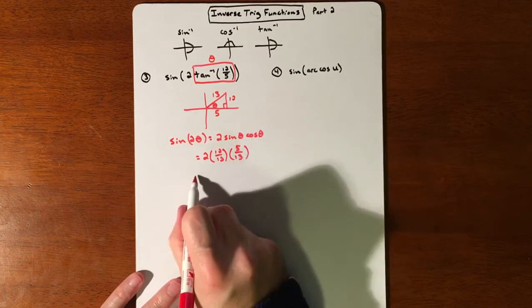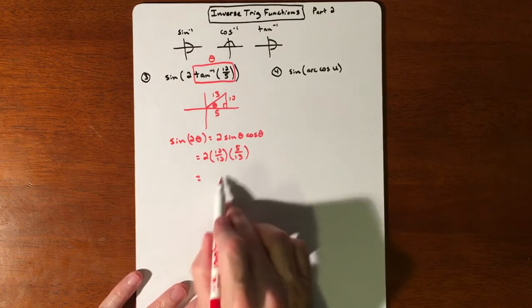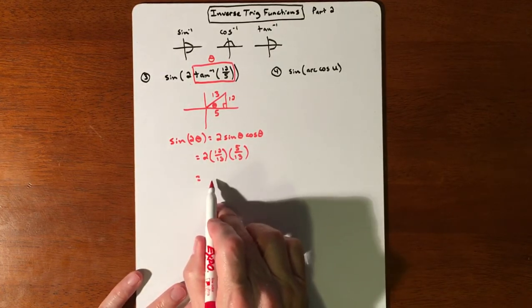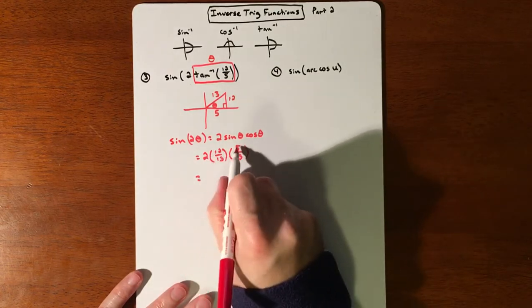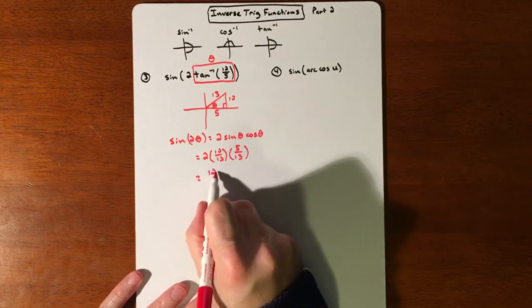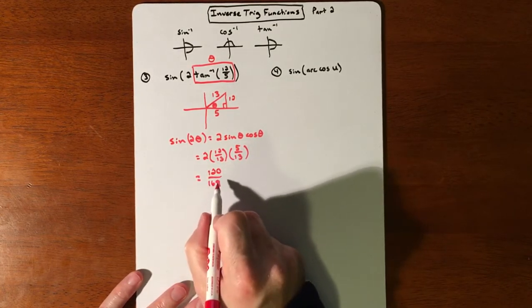And at the end of this, it doesn't matter whether we have a double or a half or anything in there, the value that we get out, our output, is going to range between -1 and +1. So we have 10 times 12 is 120, and 13 times 13 is 169.